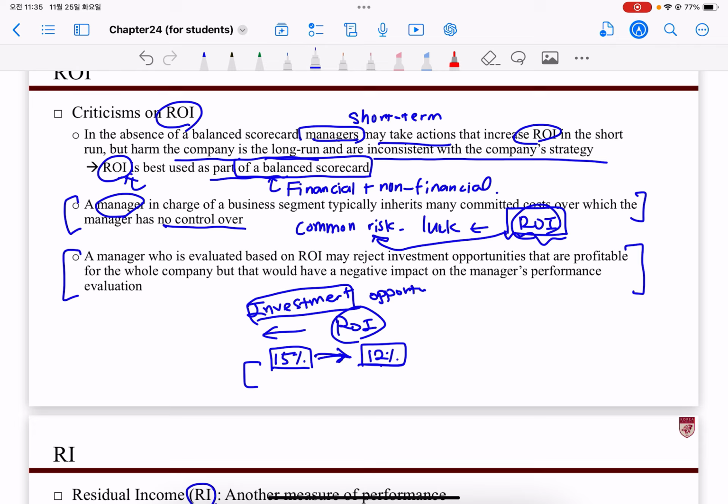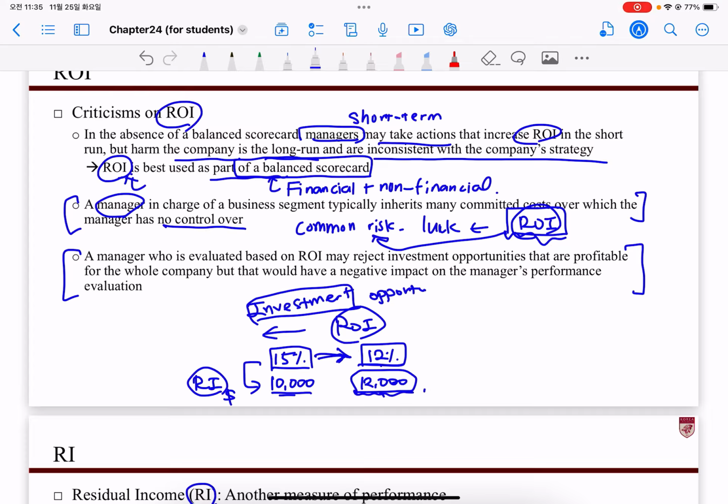But we will also talk about RI. So RI focuses on the dollar amount. But let's say in the pre-investment opportunity case, you see an incremental operating income of 10,000. But after taking up the investment, let's say the income becomes 12,000, right?